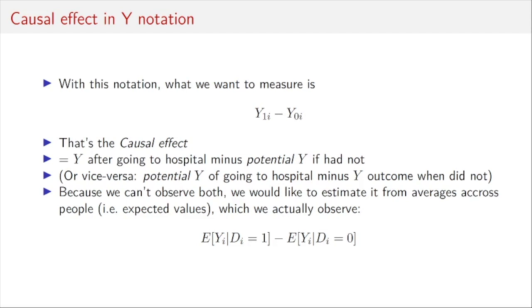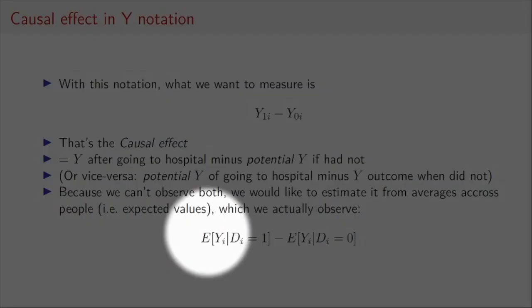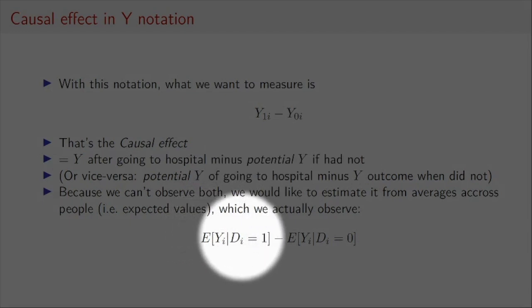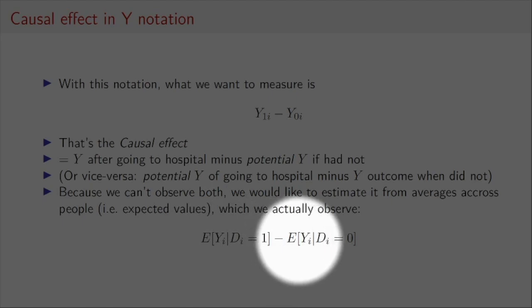This causal effect is either your health if you went to the hospital minus what it would have been if you had not, or the potential health you would have if you went to the hospital minus your current health if you did not. And naturally, because it is impossible to actually observe both, what we need to do is take expected values, which we get from averaging across people. So the causal effect is the expected value of your health if you go to the hospital minus the expected value of your health if you don't.